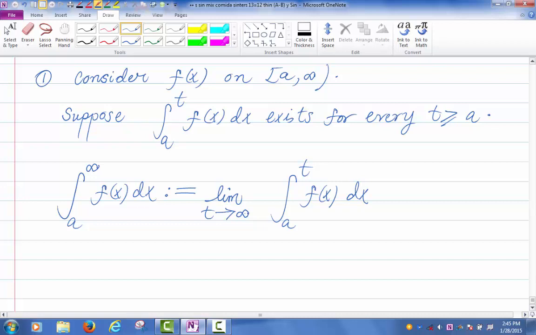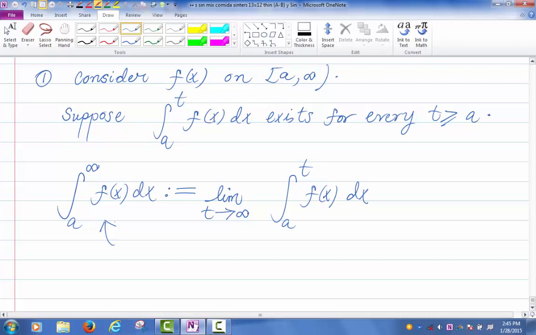And if you do that, you get the integral from a to infinity of f of x dx, okay? Am I clear? So this is the definition of this integral. This is an example of an improper integral. There are others that I'm going to go over later, but this is one example of an improper integral, and that's the definition of this improper integral.